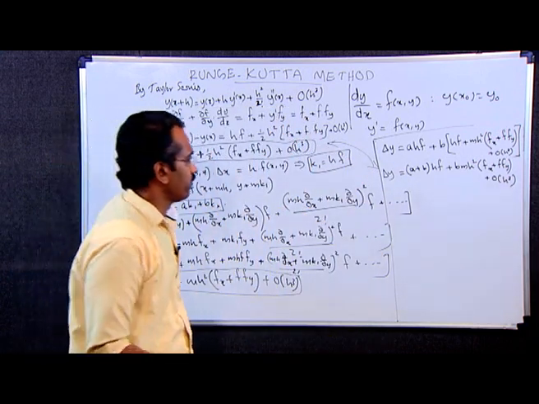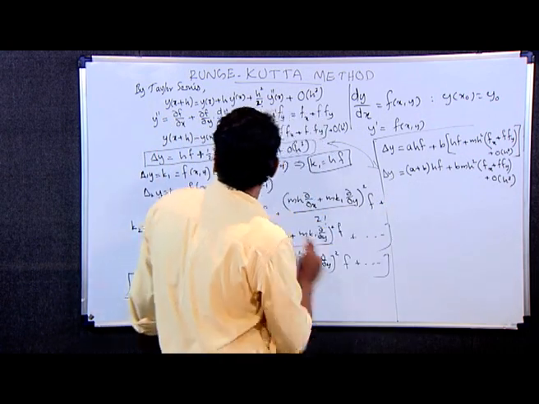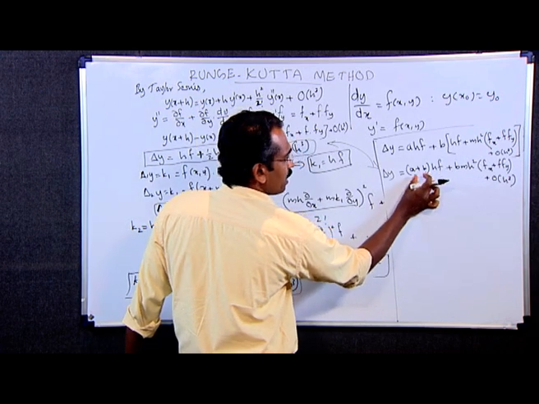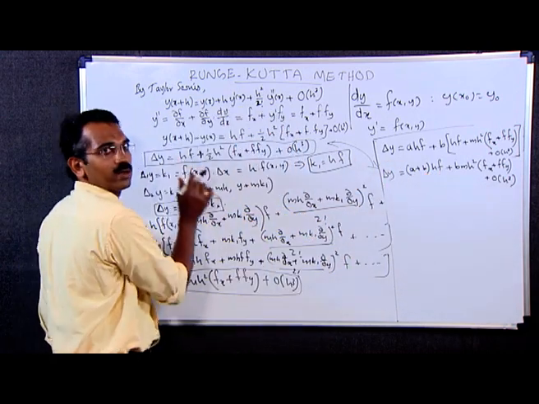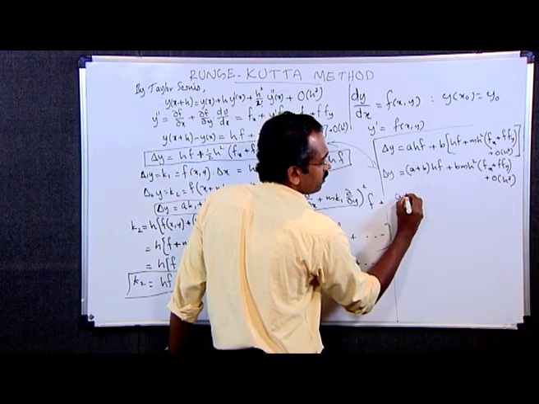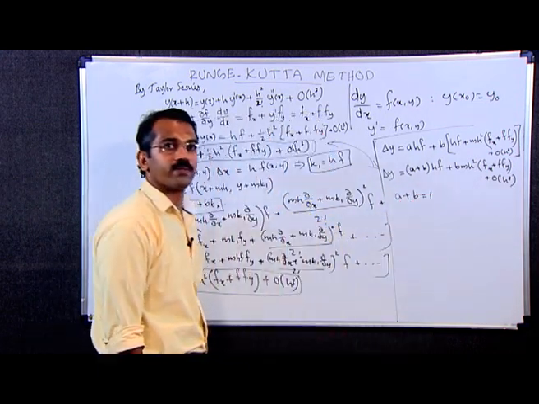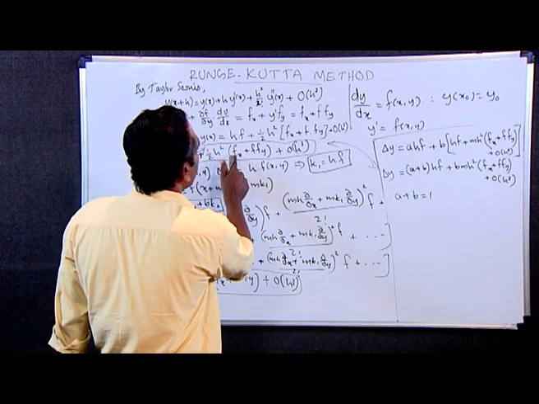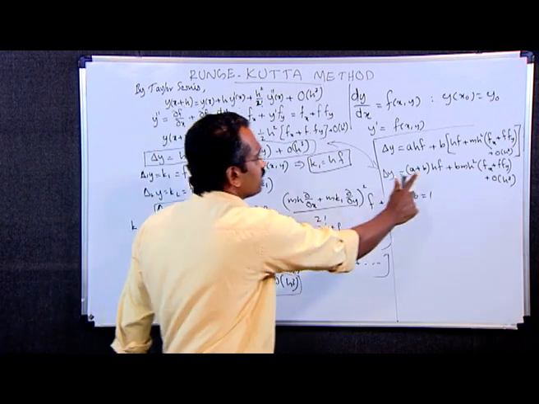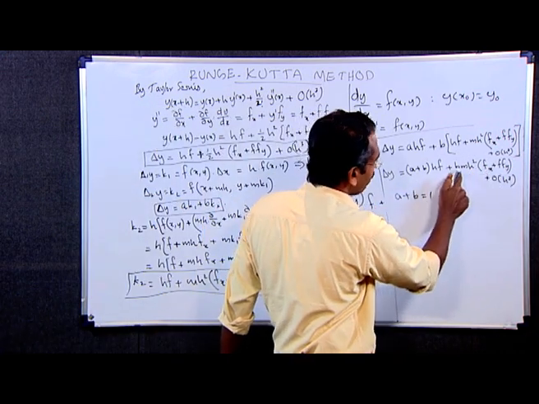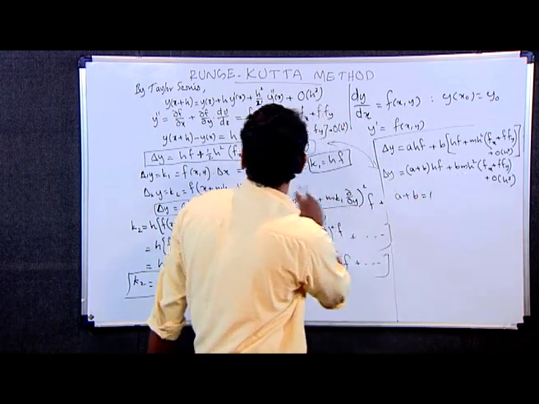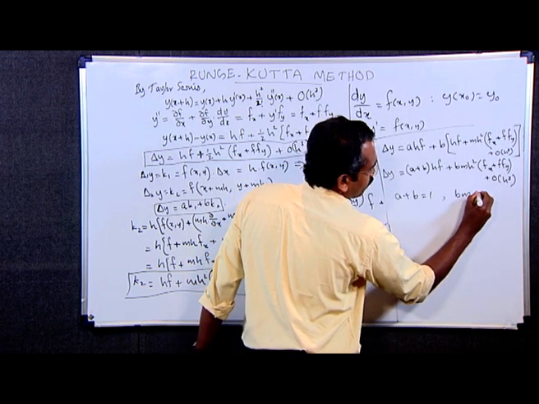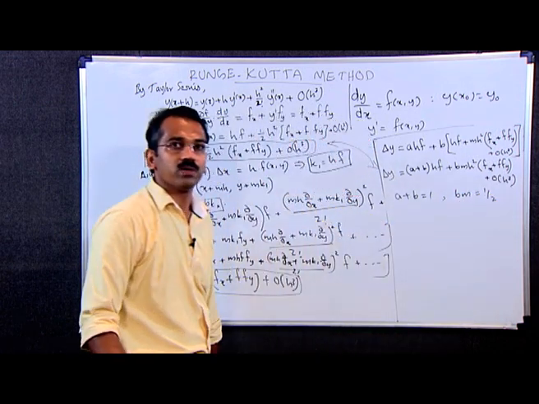We can write here h into f, in this case h into f into a plus b. Therefore, this a plus b should be equal to 1. We can write a plus b is equal to 1, and here h square into f_x plus f into f_y, b into m is equal to 1 by 2. Bm is equal to 1 by 2.